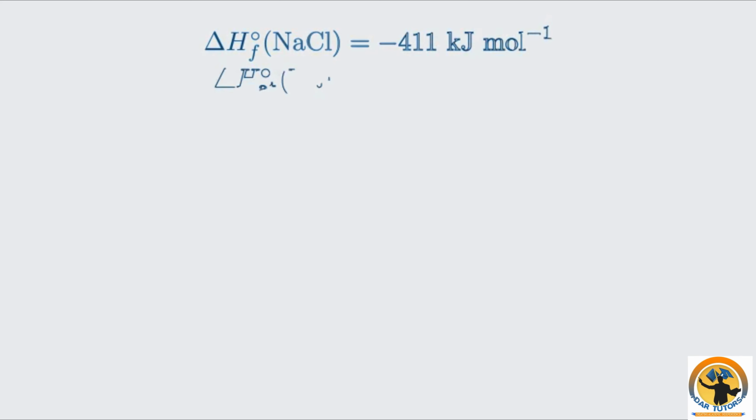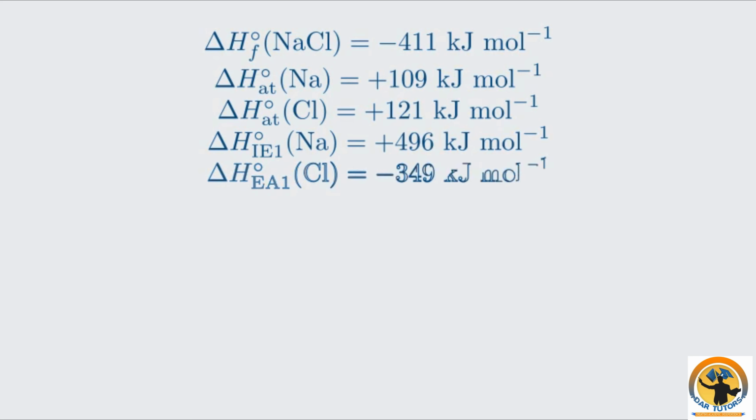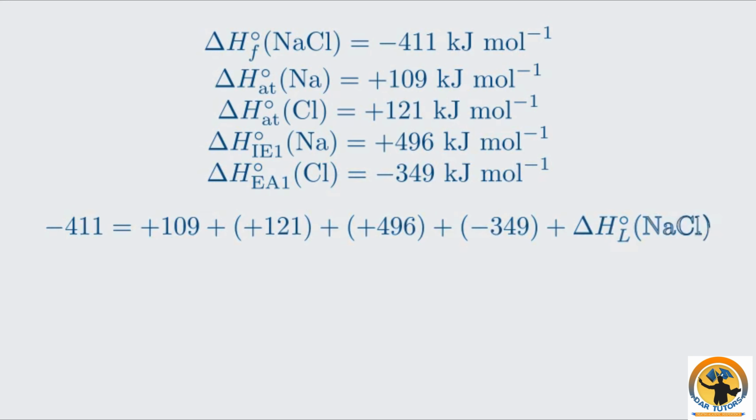Let's perform a calculation for the lattice enthalpy of sodium chloride. We'll use the equation we just derived. We need the enthalpy of formation, atomization of sodium and chlorine, the first ionization energy of sodium, and the first electron affinity of chlorine. All these values are provided in the IB Chemistry Data Booklet. Plugging these values into our equation, we can solve for the lattice enthalpy.